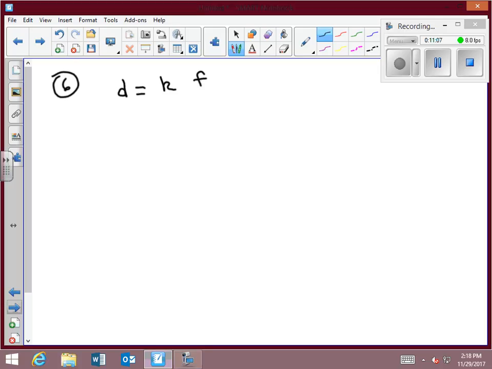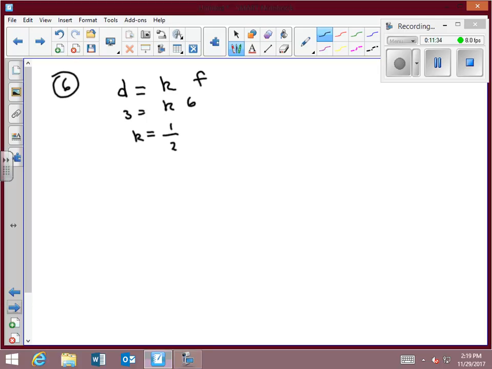It says, if a force of 6 pounds is required for the spring to move 3 inches, so 3 inches is K times 6, then the constant of variation is going to be what? 1 over 2, right? Every 2 pounds of force moves the thing 1 inch.